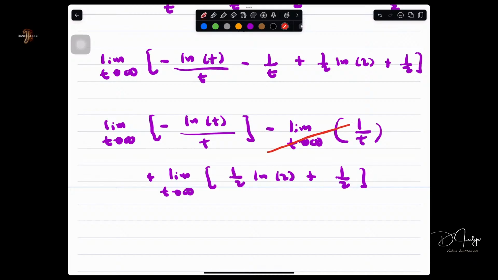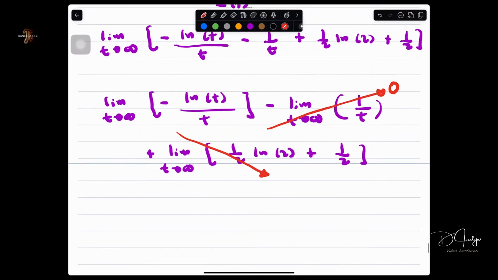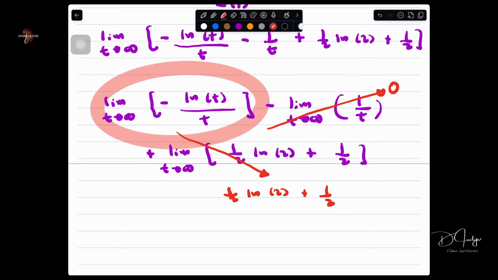What we know is this goes to 0, and the limit of a constant is a constant. So the question we're really going to have now is, what is this going to be?